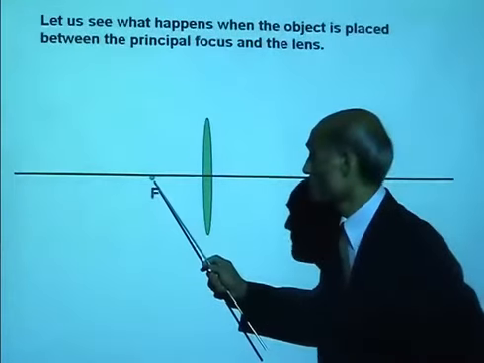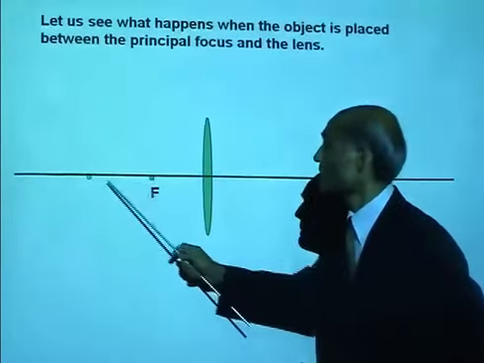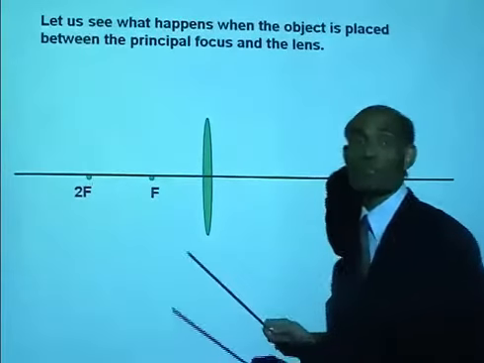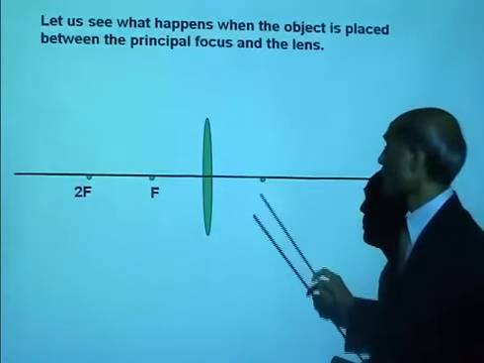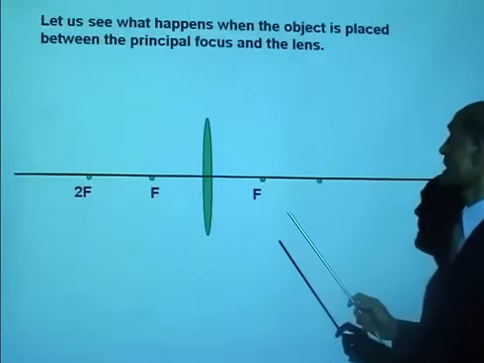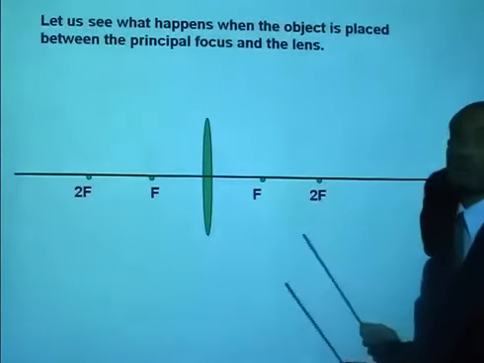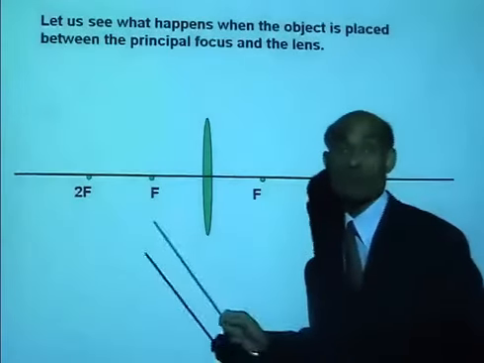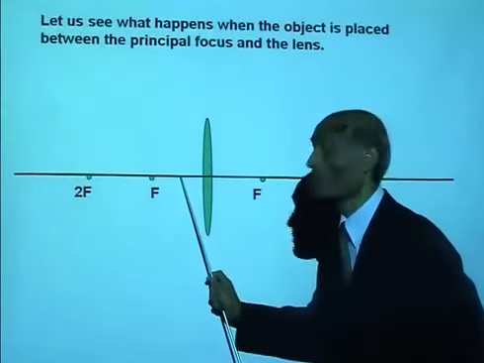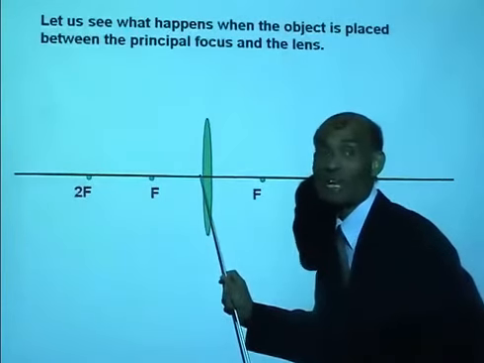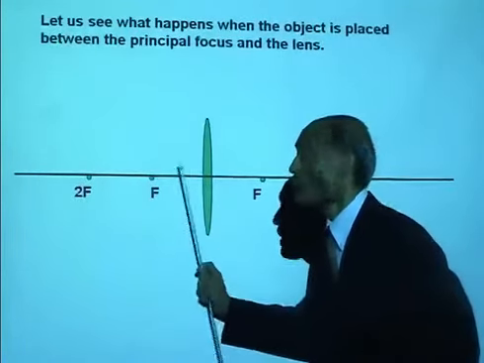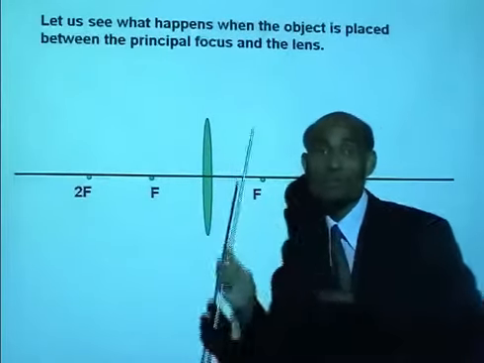And the principal focus, 2 times f, that is on the left side of the lens. Let's mark these points on the right side also. Where am I going to place the object? The object is going to be placed between f and the lens. So the object is going to be placed very close to the lens.